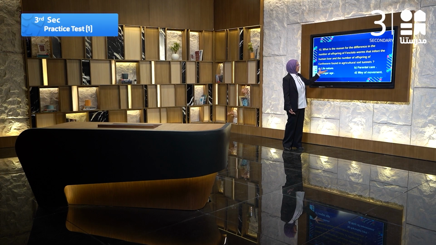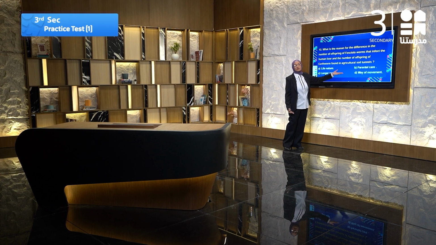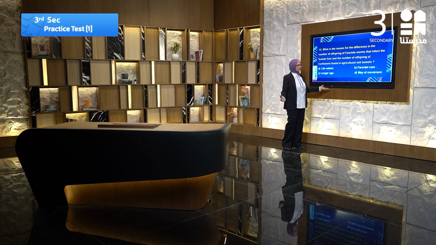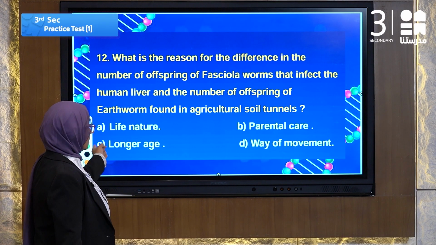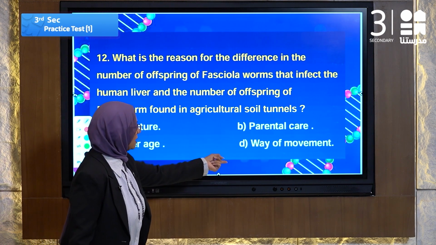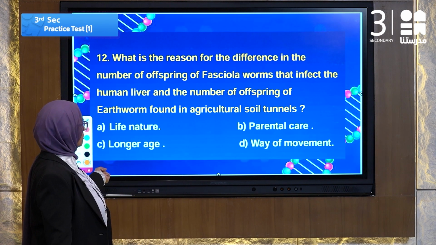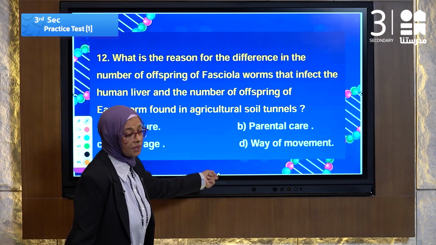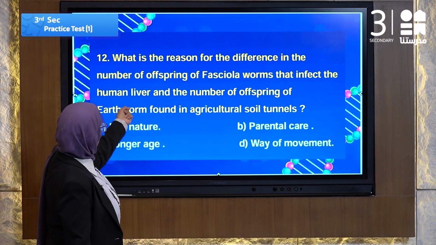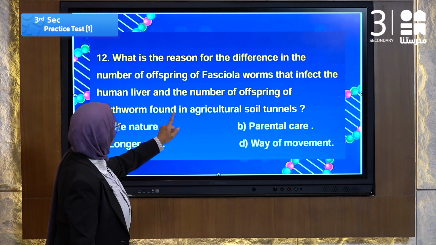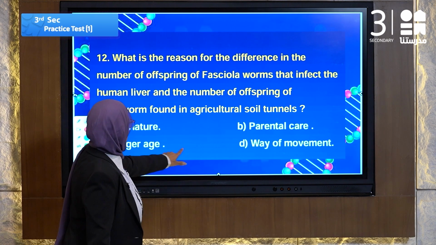Earthworm lives in the soil tunnel. They are different. Let's go through the choices. Number A, life nature, parental care, longer age, way of movement. What is the difference between fasciola and earthworm?